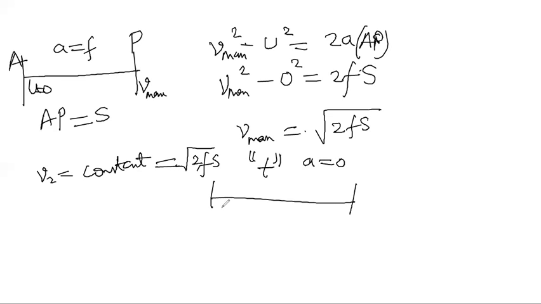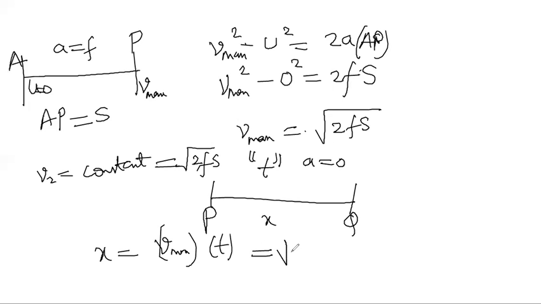With this velocity and this time, how much distance will it travel? Some distance x from point P to some point Q. It is simply V max into time t, which is root 2fs into t. This much you understood?